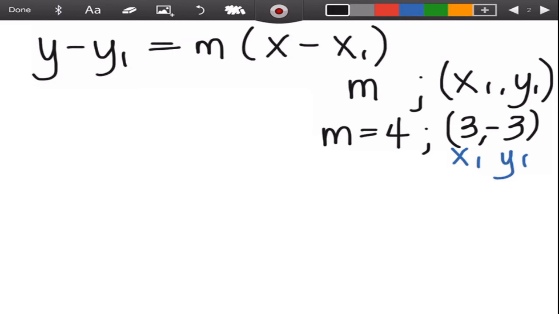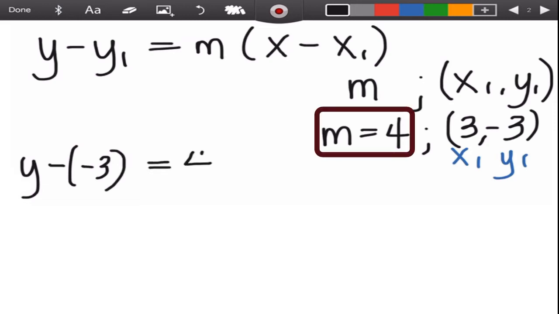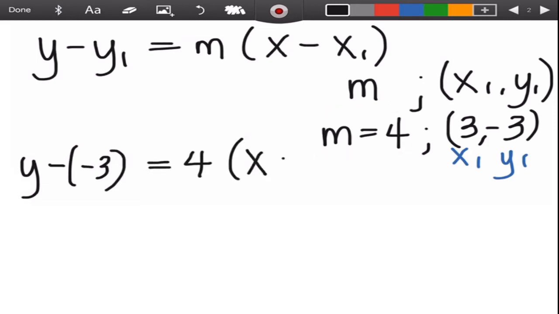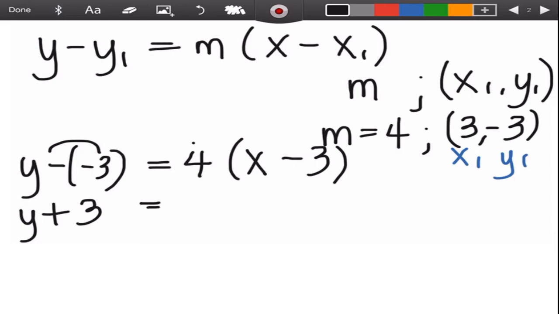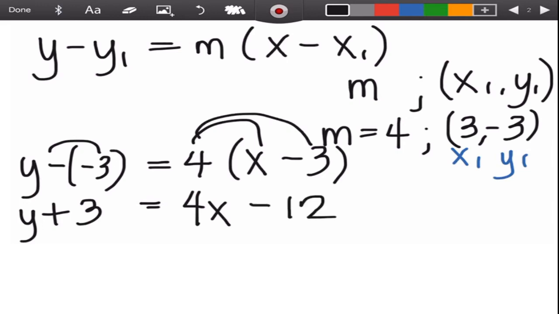So we will copy y minus y sub 1, which is negative 3, equals our m is 4 times x minus our x sub 1, which is 3. Then we will just simplify. Copy y, negative times negative 3 will become positive 3, equals distribute 4 times x, that will become 4x. 4 times negative 3 will become negative 12.